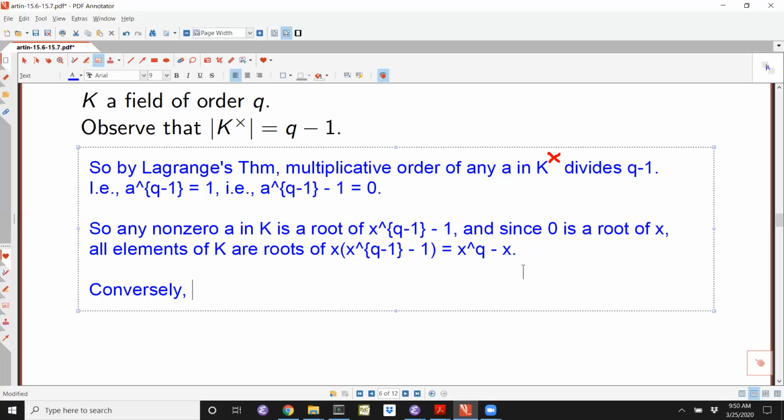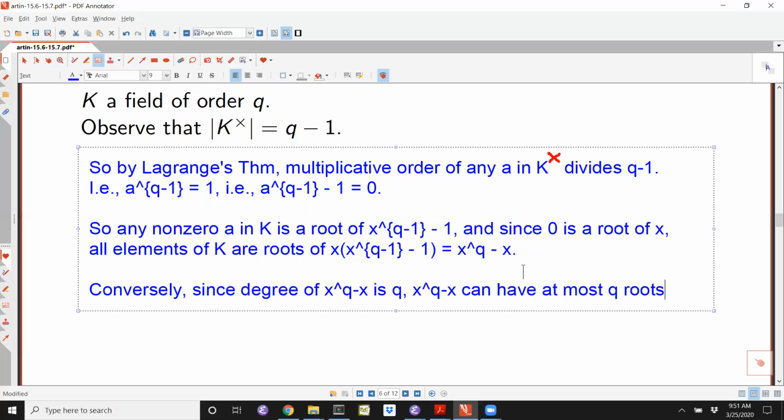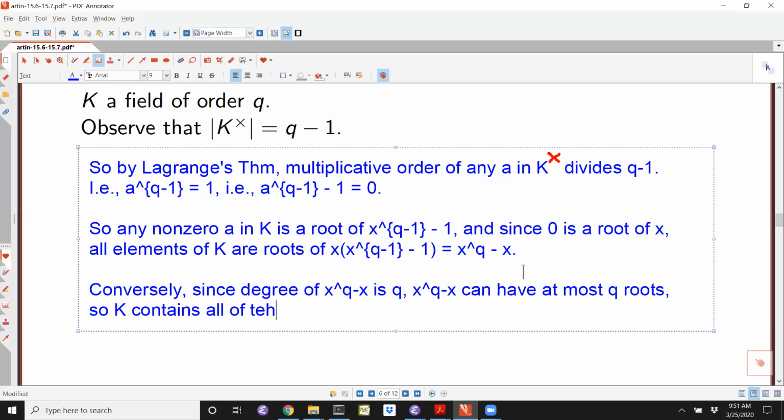And so a polynomial of degree q, since the degree of x to the q minus x is q, can have at most q roots. So K contains all of the distinct roots of x to the q minus x.